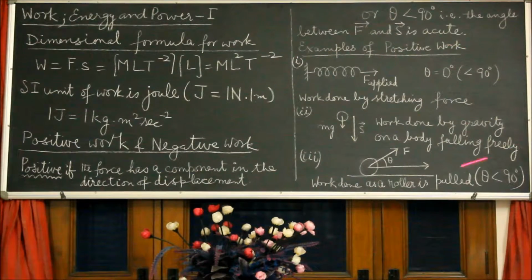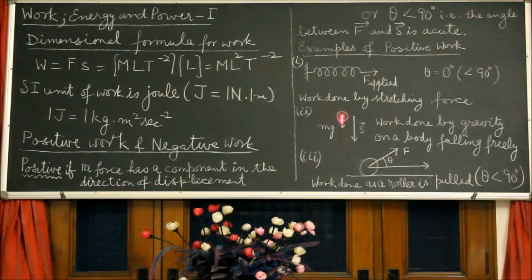These are a few examples of positive work. Here a spring is being stretched by an applied force F. You can call it the stretching force. The displacement is in the direction of the stretching force. Therefore theta is 0 and the work done by the stretching force is positive.